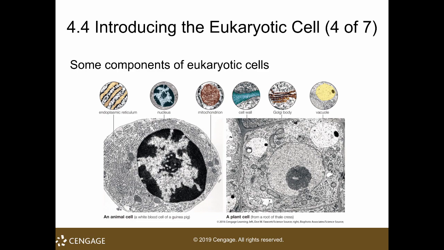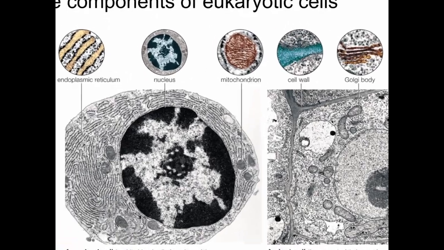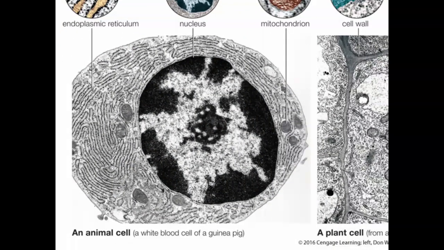These are electron micrograph images of the cell. Here you have your animal cell. This is a white blood cell of a guinea pig. The large structure here is actually your nucleus. A large part of some eukaryotic cells is made up of the nucleus.